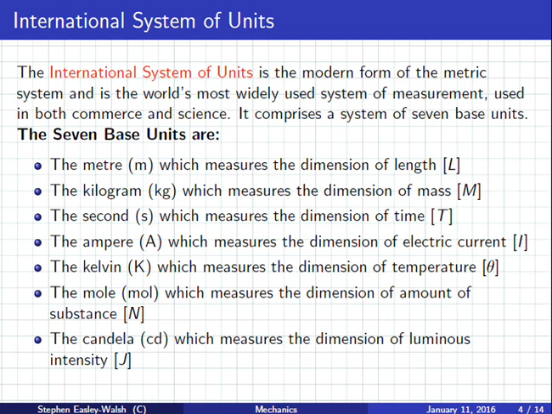Think about a candle now. What else do you get from a candle? Keep it simple. What do people use candles for? For light. So candela measures what's called luminosity. In other words, how bright something is. And we use a J for that.